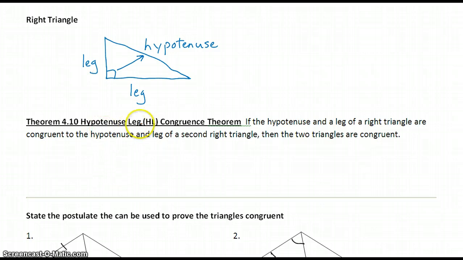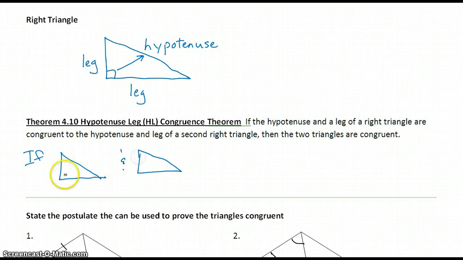Now the hypotenuse leg congruence theorem says this: if we have two right triangles, and between those two right triangles, the hypotenuses are congruent, and one of the legs is congruent, that's enough to prove that my triangles are congruent.